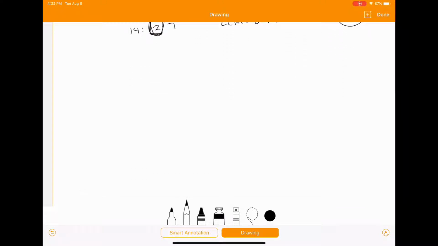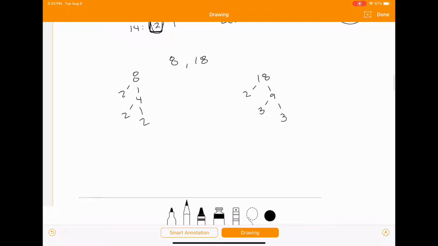Let's go ahead and look at another one of those. If we have 8 and 18, again, do your prime factorization. So for 8, we've got 2 times 2 times 2. For 18, we've got 2 times 3 times 3.